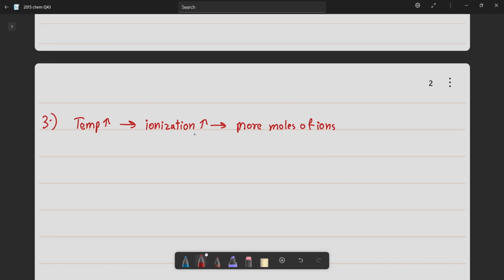If there are more ions, there are more charged particles, and more charged particles will carry more electrical conductivity.